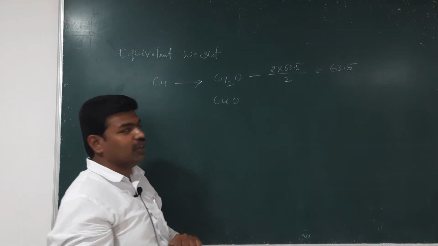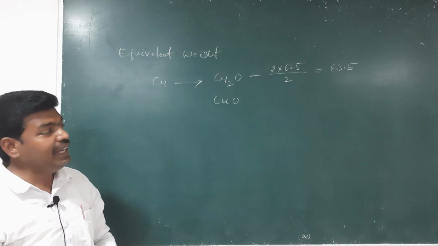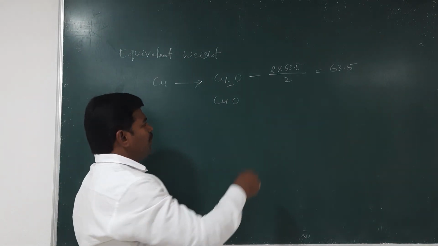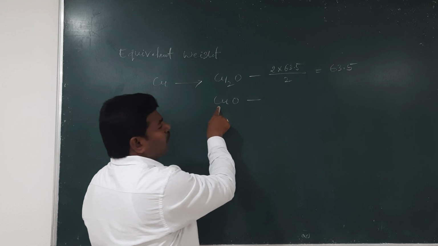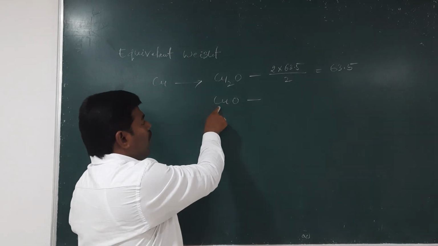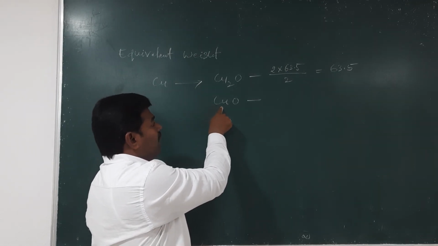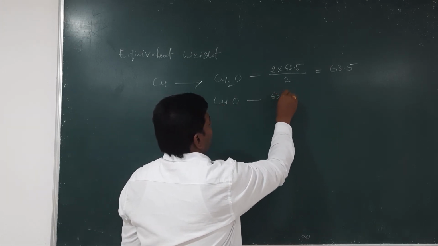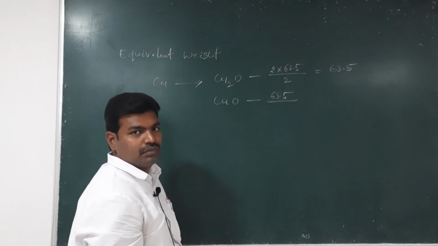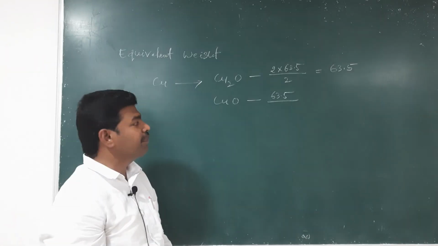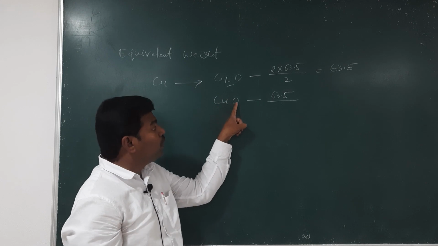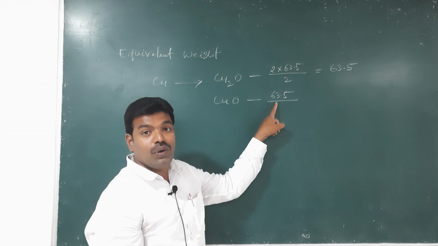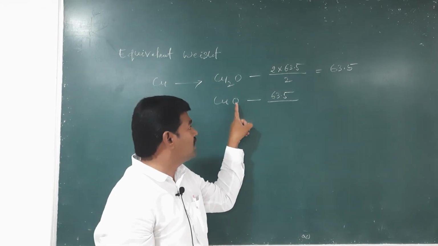Now we shall calculate the equivalent weight of copper in CuO, cupric oxide. Copper has atomic weight 63.5. It combines with the 2 equivalents of oxygen.